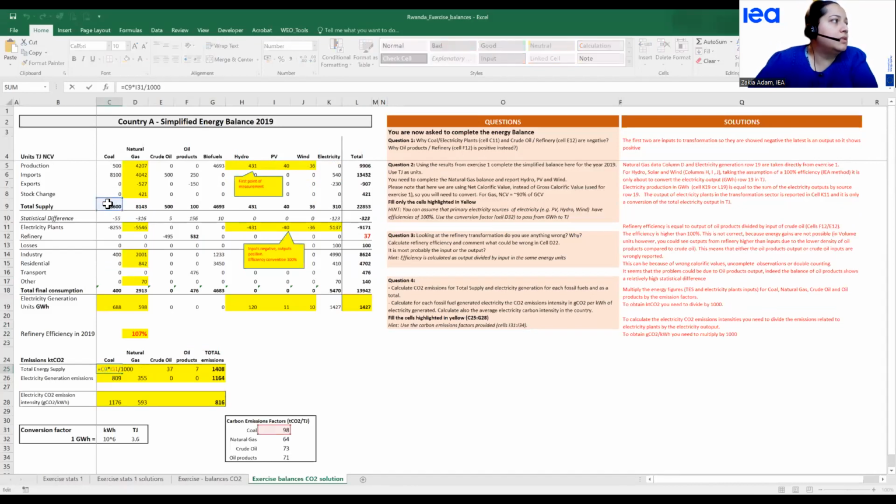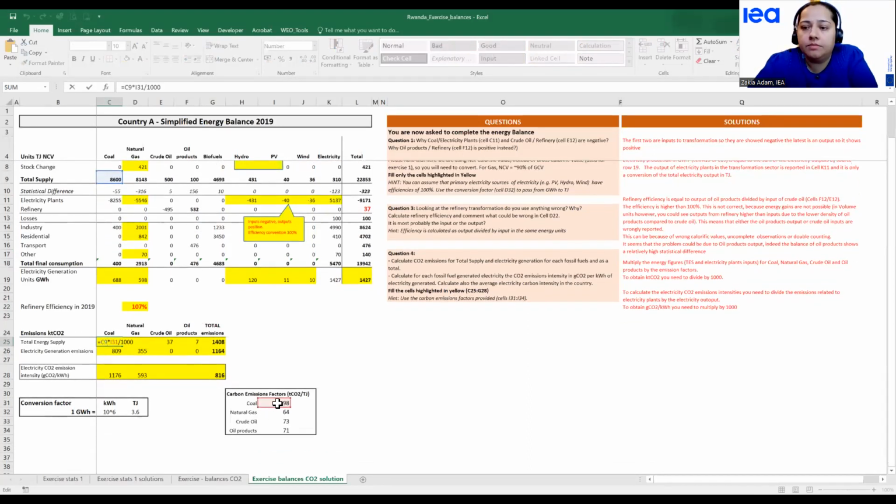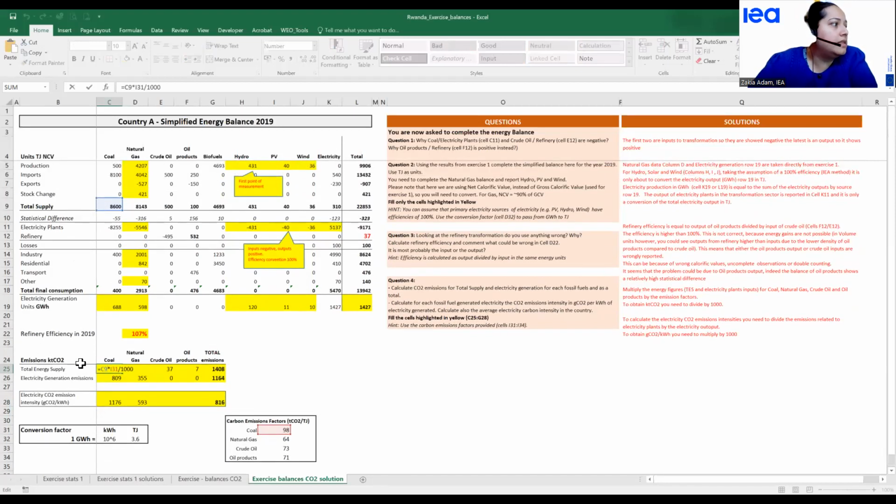You take your amount of coal supply, so 8,600, you multiply it by your carbon emission factor for coal, which is provided here. And then, in this case, you divide by 1000 because here you are in terajoule net. Your emission factor is ton of CO2 per terajoule, but here you're looking for kiloton of CO2. So you divide by 1000 to get kiloton of CO2.